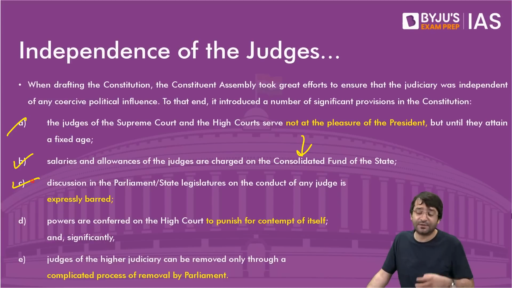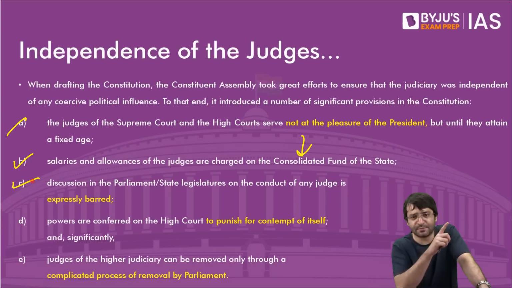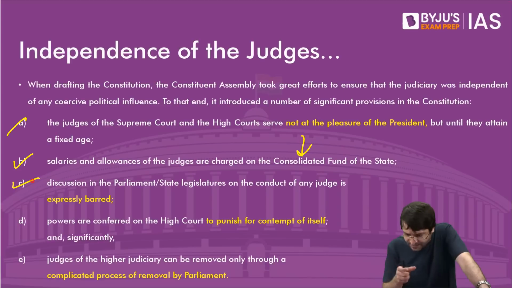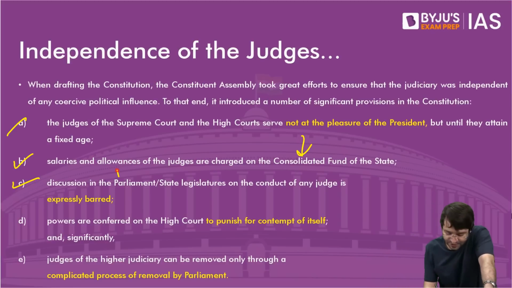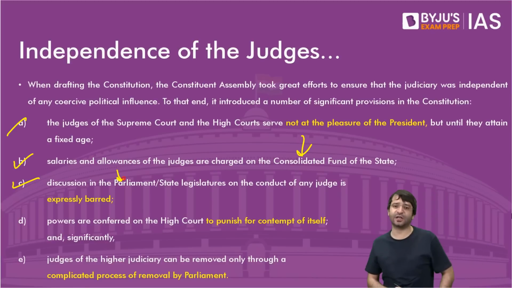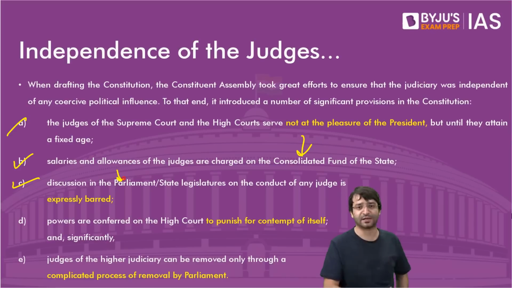Except when they have to remove a judge, because they have the power to pass a resolution asking the President to remove a judge. Only if that discussion has to happen whether the judge should be removed or not, only at that time you can discuss the conduct of judges. Otherwise you can't. Because the discussion in the Parliament or the state legislature on the conduct of a judge is expressly barred.